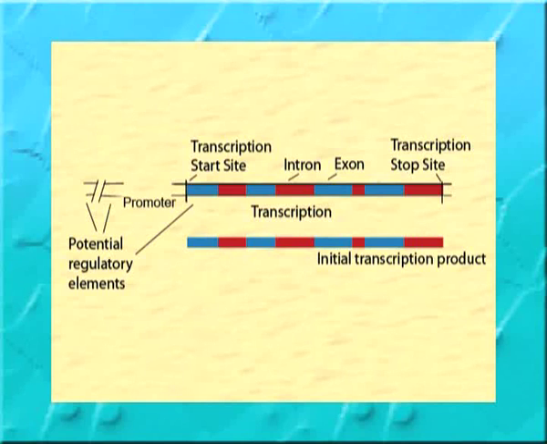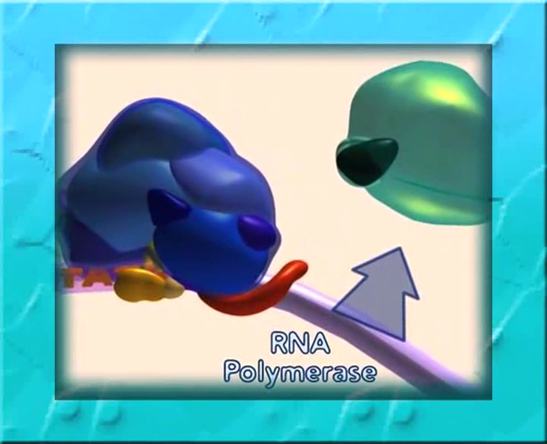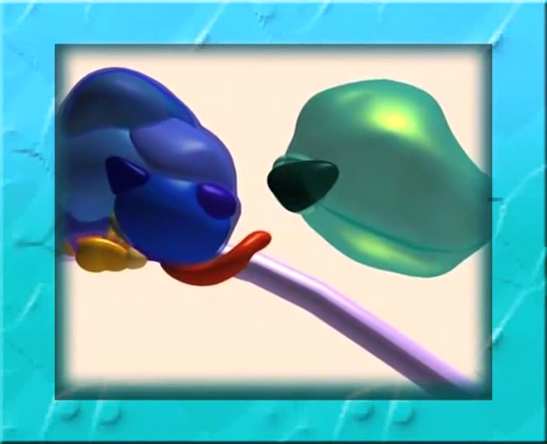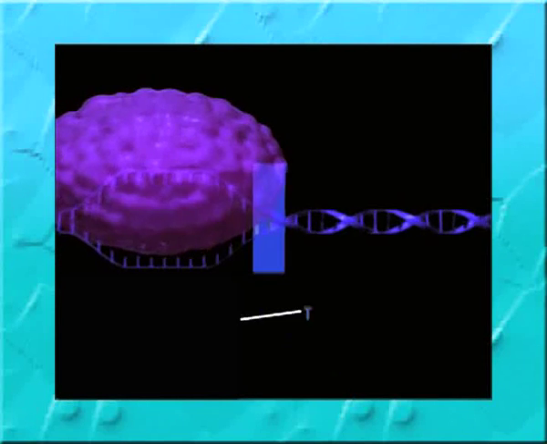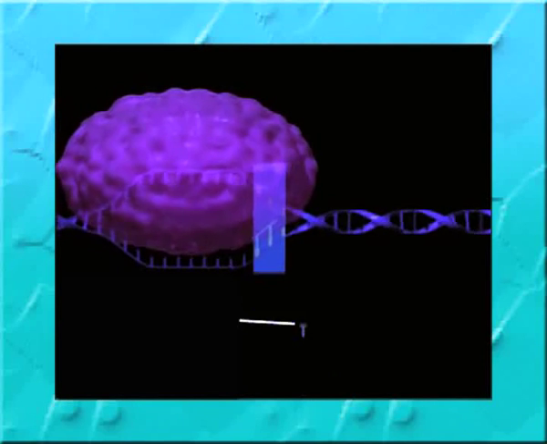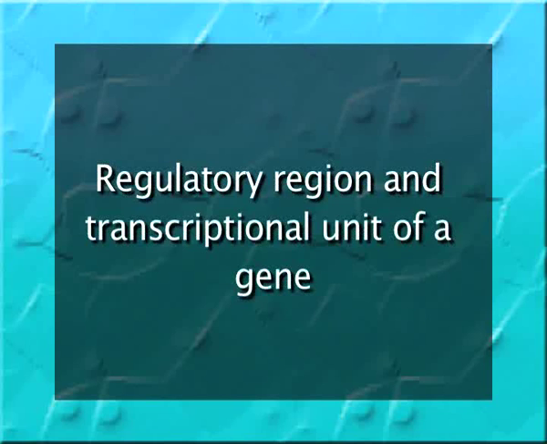The transcriptional unit starts from a transcription start site. This is the position where RNA polymerase initiates RNA synthesis during transcription, and this nucleotide is designated as the first nucleotide. Now, we will discuss a regulatory region and transcriptional unit of a gene.